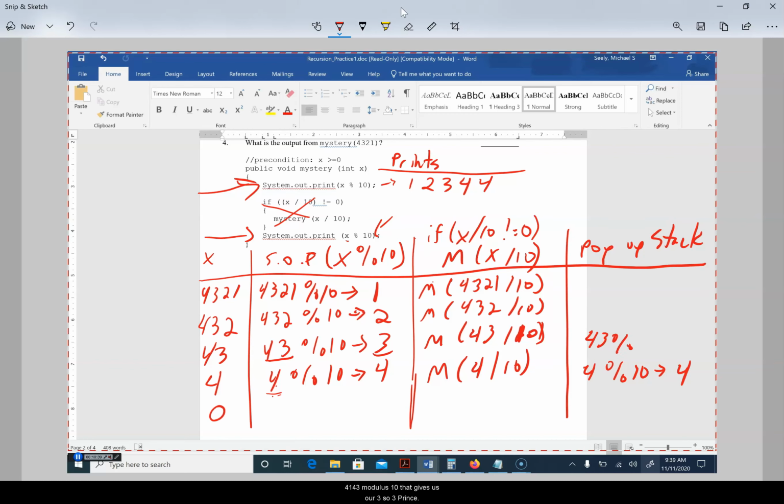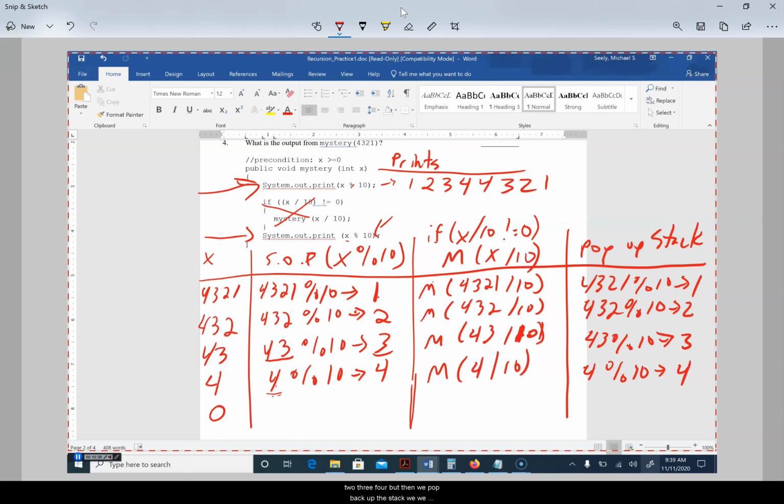And then right here, 43 modulus 10 gives us our 3, so 3 prints. Then 432 modulus 10 gives us our 2, so 2 prints. And then 4321 modulus 10 gives us 1, so 1 prints. Because it does this one first before any calls to mystery, it does 1, 2, 3, 4.